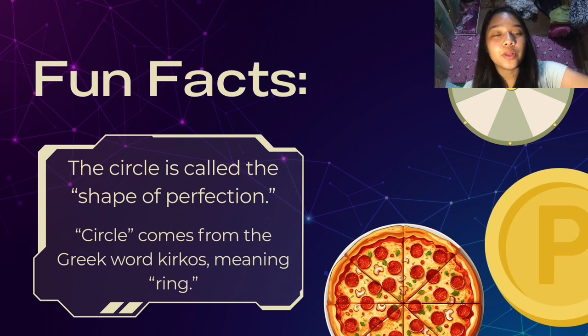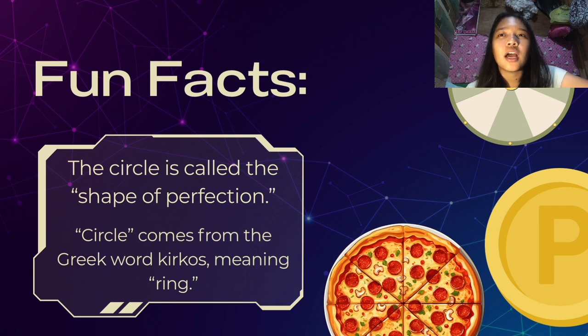So now, we're going to understand what a circle is. The circle is truly unique among the conic sections. We have four conic sections: the circle, parabola, ellipse, and hyperbola.